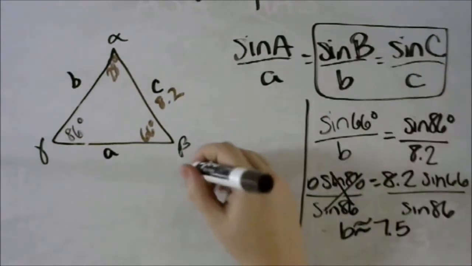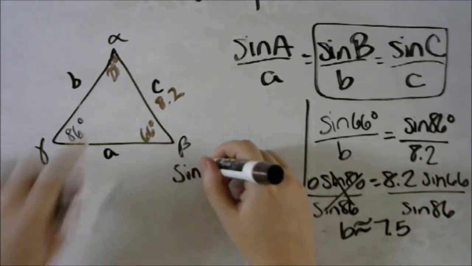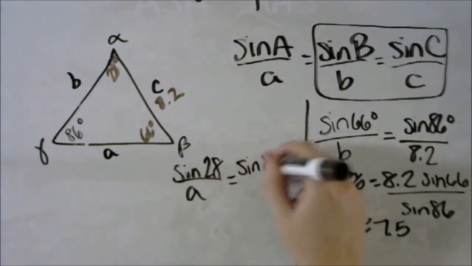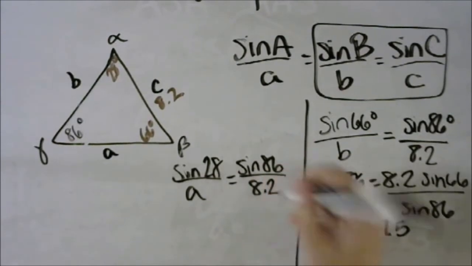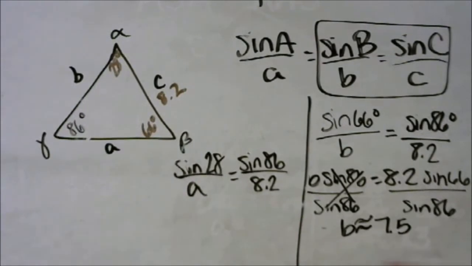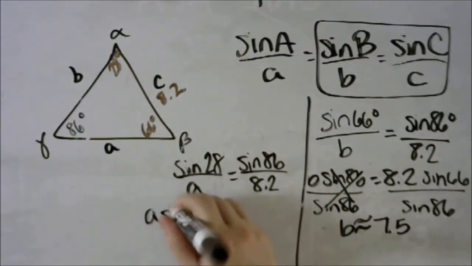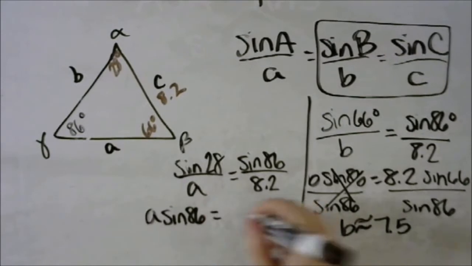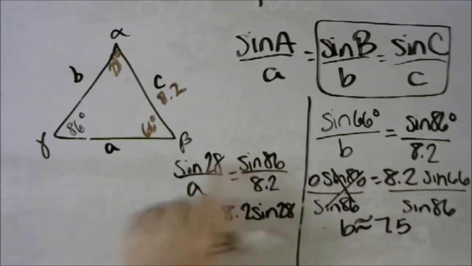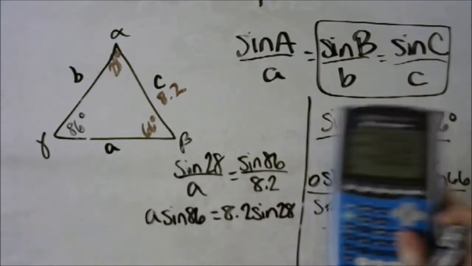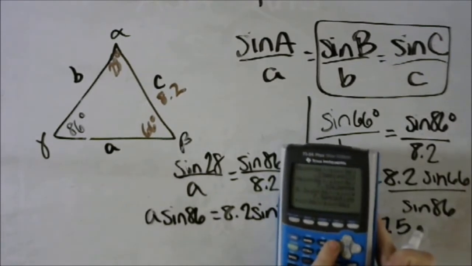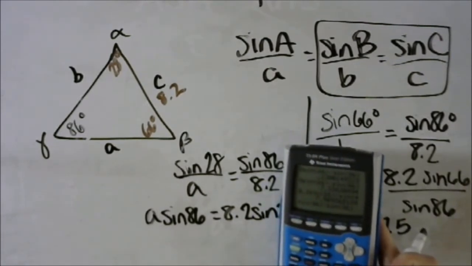So I'm going to set up the same proportion, but this time I'm going to say sine of alpha over A is equal to sine of 86 over 8.2. And this time I expect to see an even smaller answer than I got for B because alpha is the smallest angle in the triangle. Cross multiplication gives me a similar equation that it did last time. And since only one value in my proportion has changed, the 28 degrees, I'm going to use my calculator and just hit second enter, and change from 66 degrees to 28 degrees.